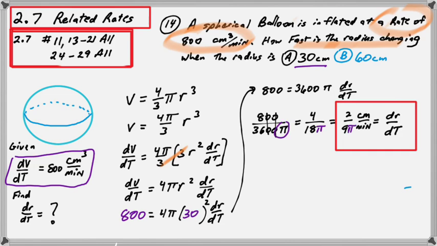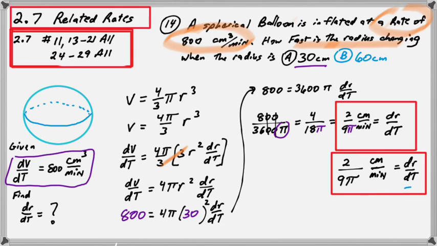So the answer should be 2/9 pi. Be very careful to keep your pi in the denominator if that's where you want it to be. Don't put it on the end, because if you put it at the end, it's the same as being in the numerator, and that's not where the pi is.